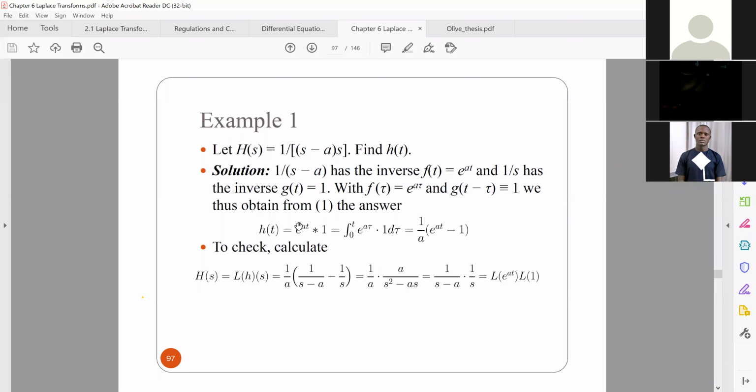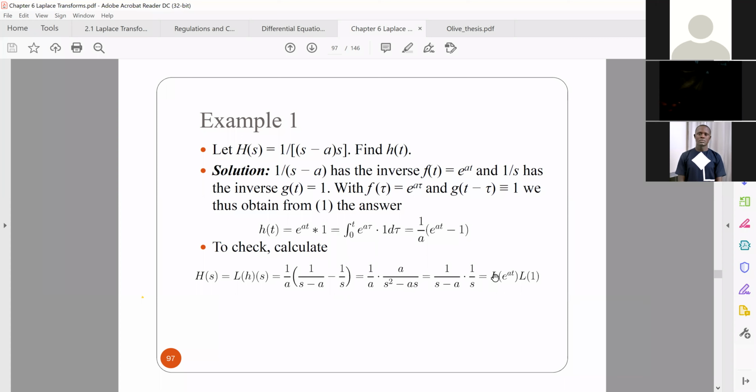So we get the convolution of e^(at) and 1, which is, if you substitute, the integral of e^(a tau) times 1 d tau, and then if you integrate, you should get this. And as a way to check if it's correct, if you take the Laplace transform of this, you will end up with 1 over a times (1 over s minus a minus 1 over s).